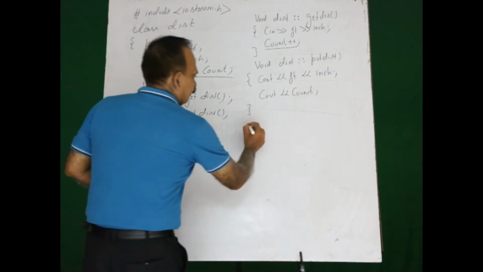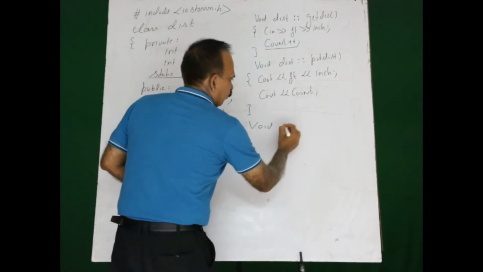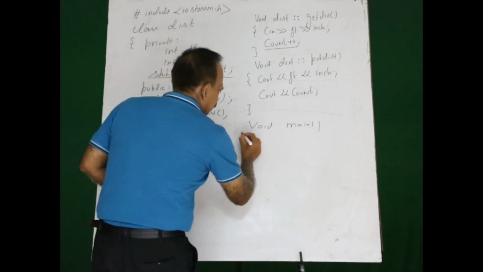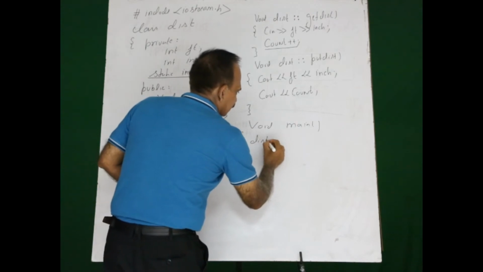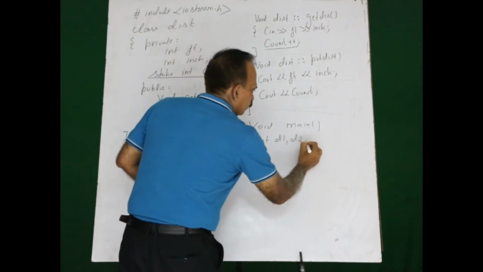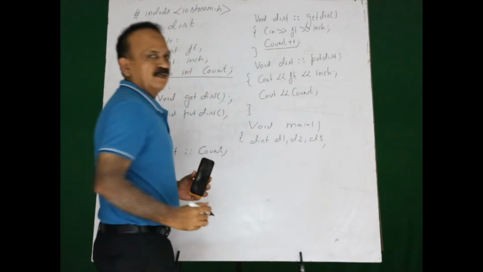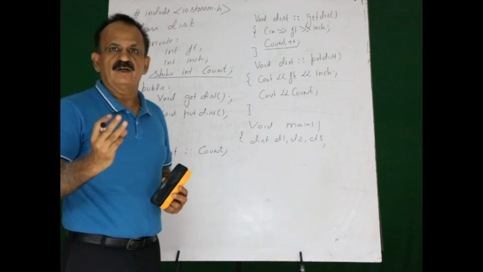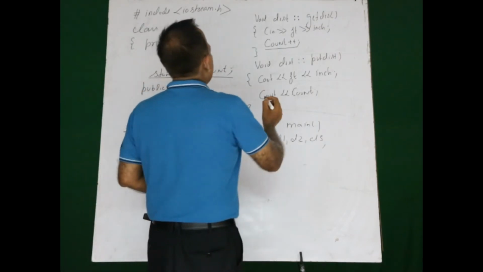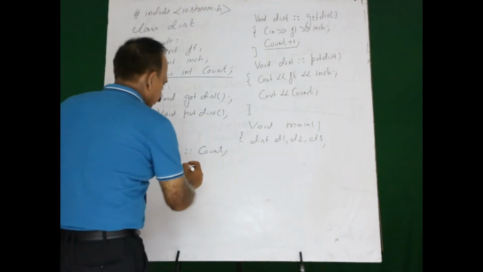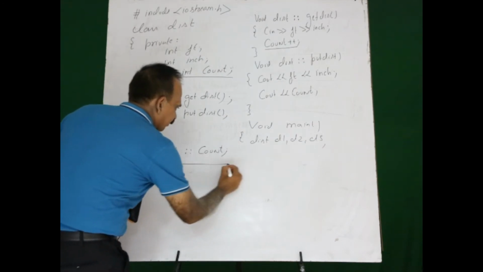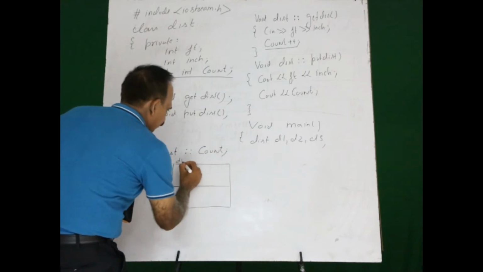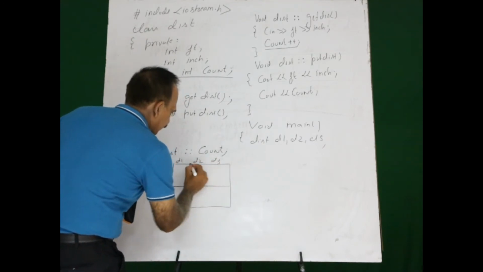Now the main program. In the main program I write void main, and I create 3 objects: distance d1, d2 and d3. Now what will be the process? There will be three different objects, and these 3 objects will have a separate copy of the instance variables for each object, d1, d2 and d3.